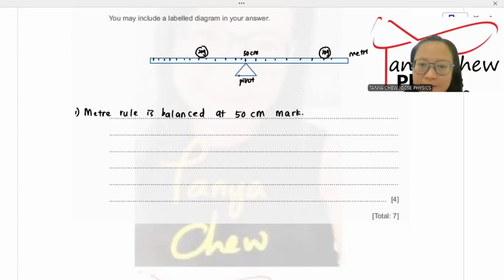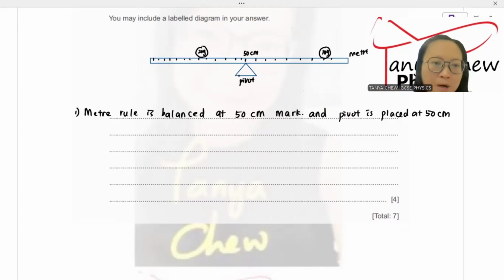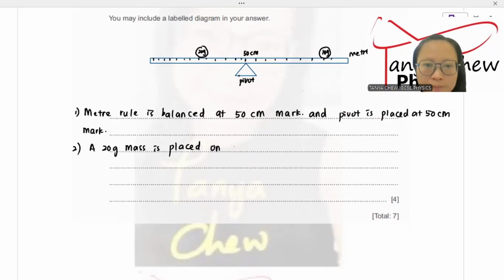And a pivot is placed at 50 cm mark. Done. And then the second one, maybe a 20 gram mass is placed on the left side of meter rule.